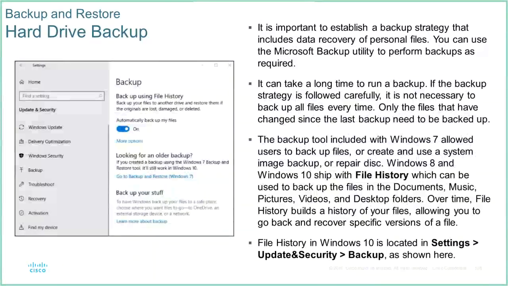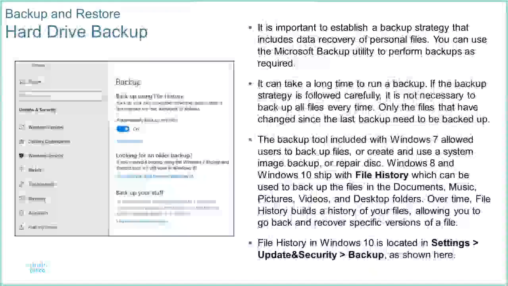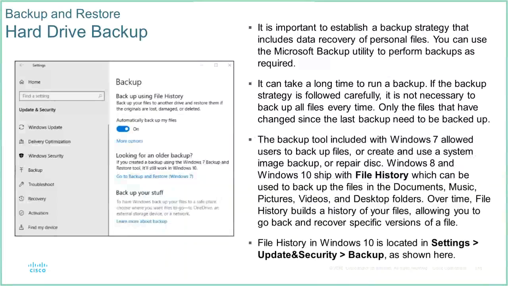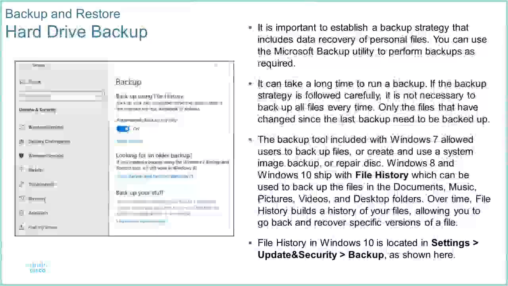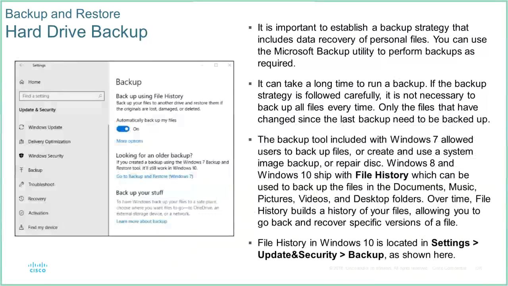Hard drives should be backed up. You can do it via Microsoft. It has an inbuilt backup facility, but in most enterprises they'll have a third-party system doing backups to tapes and things like that rather than individuals. Okay, just be aware.